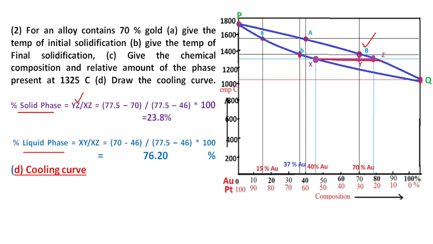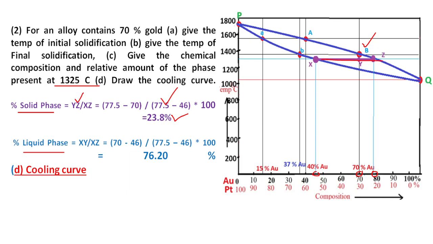Z is 77.5, Y is 70. So (77.5 minus 70) divided by (77.5 minus 46), times 100, is 23.8% solid phase present in the system at 1325 degrees Celsius.